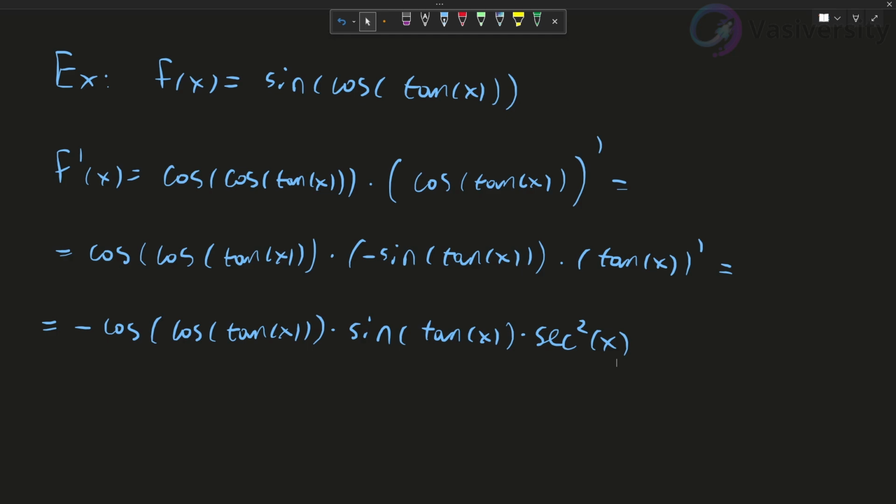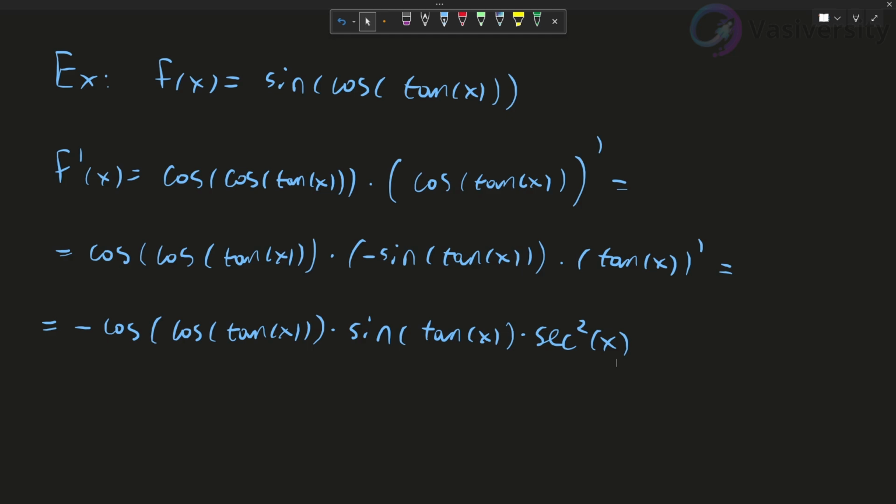Essentially, you can think about how we can prove the chain rule. We can use the same idea that we did for the linear function.